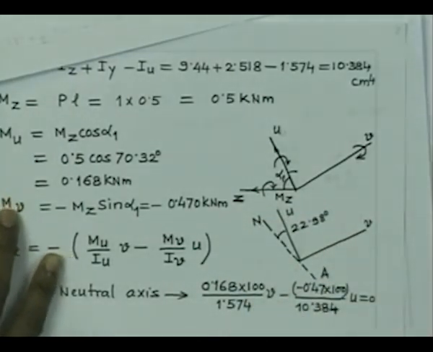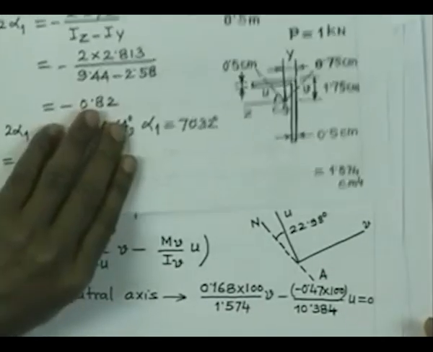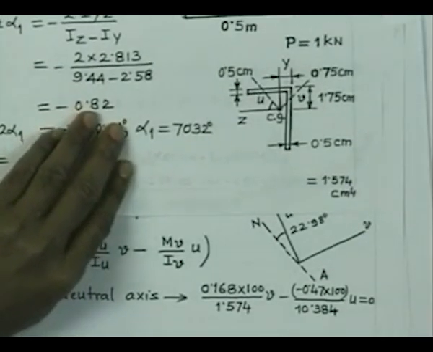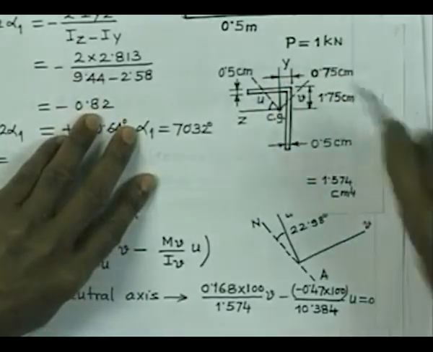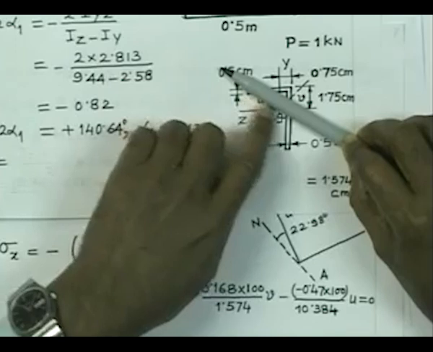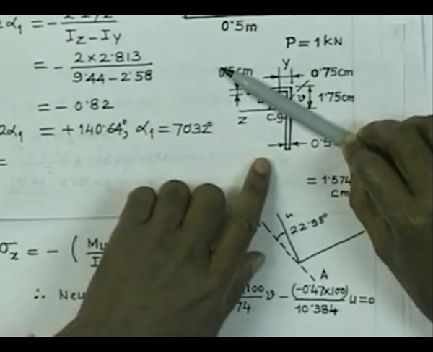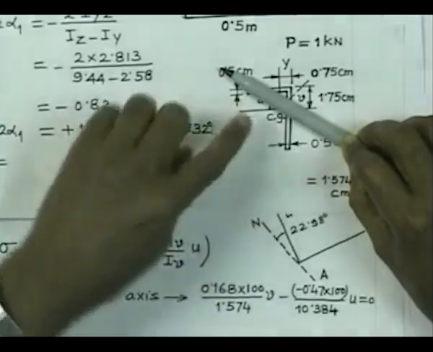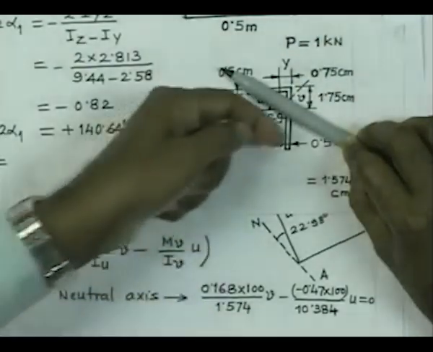So, this is very important that on this line you find, for this cross section, a line oriented like this. If you consider any point on this line, there is no stress. Because of the loading, you are going to get compressive stresses on the upper half of the plane and tensile stresses on the bottom half.